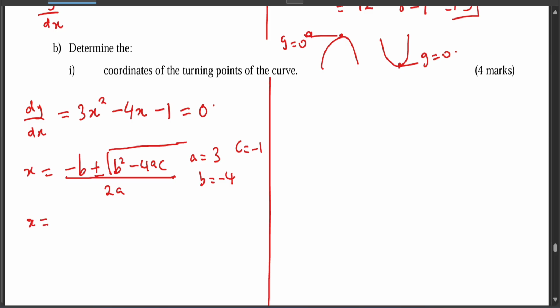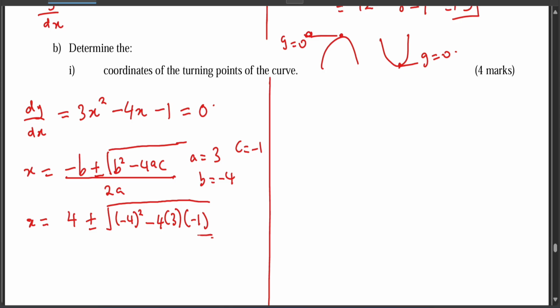So x is equal to, if b is negative 4, negative b will be positive 4 plus or minus, then you put the square root, and then you find b squared. Now b squared is negative 4 squared, then minus 4 times a, which is 3, times c, which is negative 1.